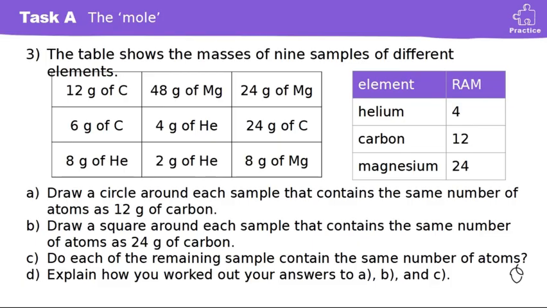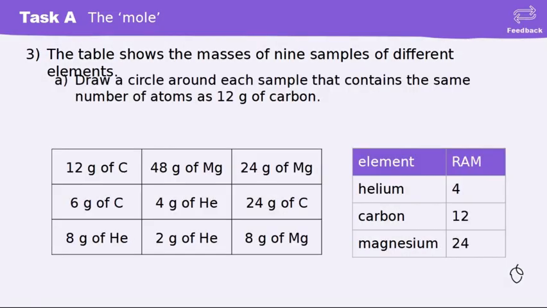If we were to draw a circle around each sample that contains the same number of atoms as 12 grams of carbon, we know that carbon has a relative atomic mass of 12, so if we weighed out 12 grams of it, that would be 1 mole. And magnesium has a relative atomic mass of 24, so if we weighed out 24 grams of it, that would also be 1 mole. And if we weighed out 4 grams of helium, we would also have 1 mole of helium.